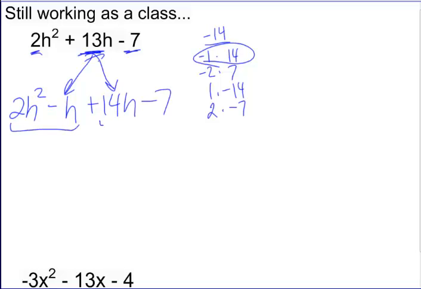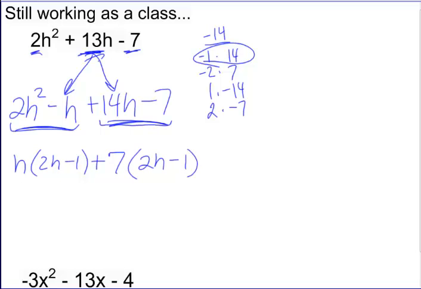So then we group. In the first set, I have an h, 2h minus 1 left. Second set, we have a plus 7, and then a 2h minus 1 left. You think divide. So the 14 divided by 7 gives me the 2h. -7 divided by 7 gives me the -1. Okay, so you're thinking multiply and divide.